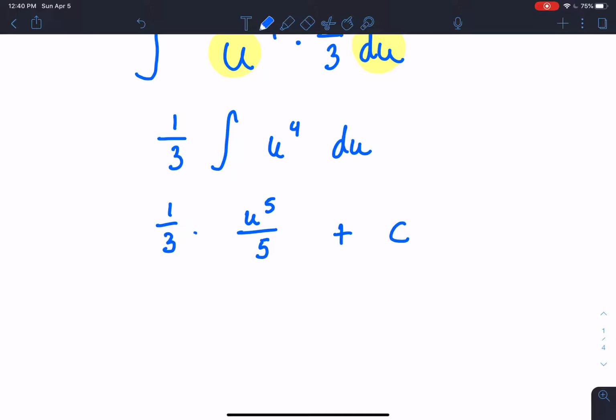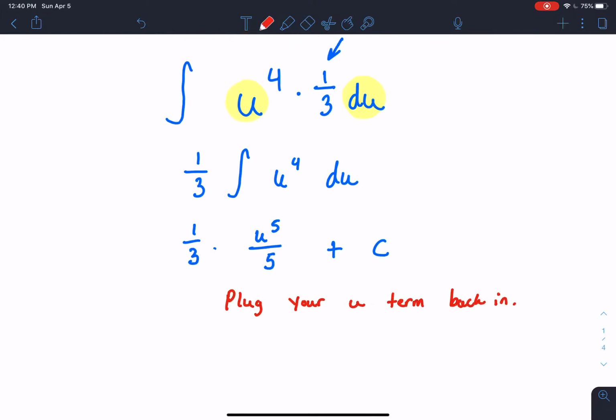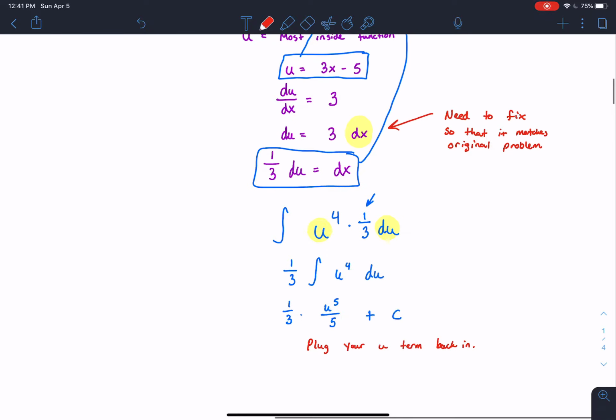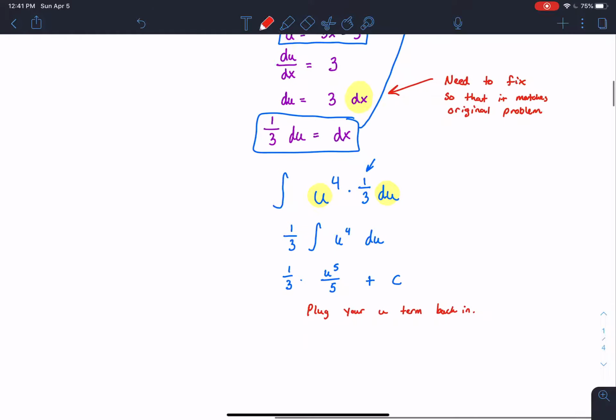Now we've figured out the antiderivative. Now all you have to do is plug your u term back in. If you go back up to what you said u was, 3x minus 5.